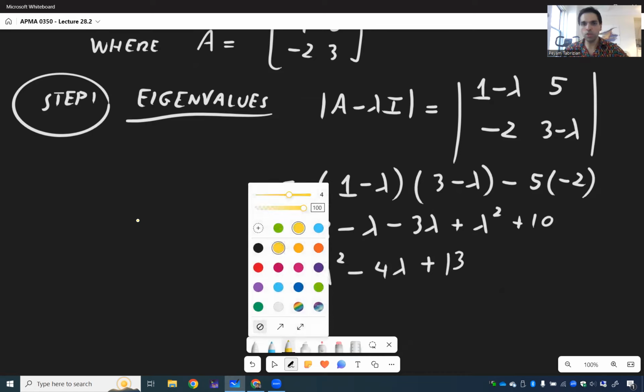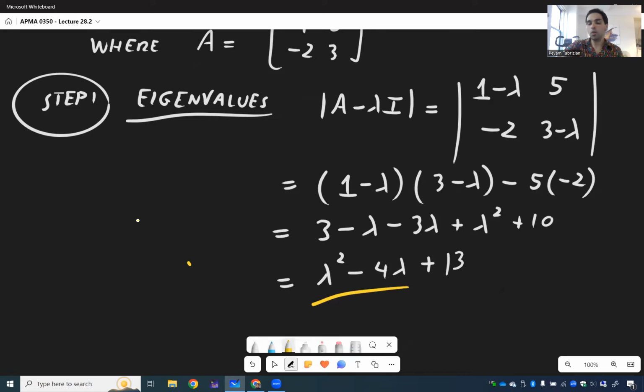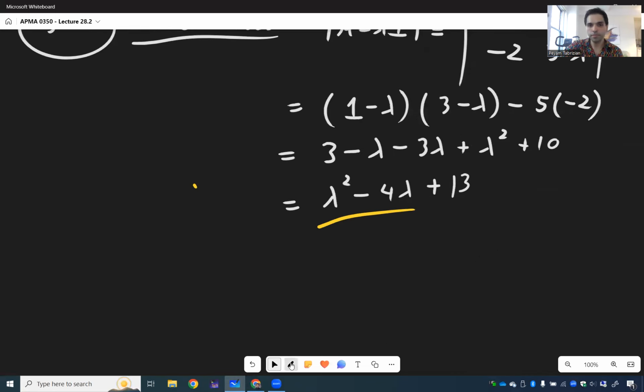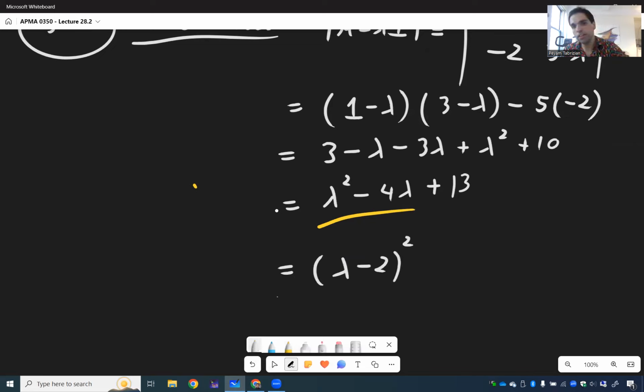Again, you could use the quadratic formula or, slightly easier, complete the square. So this is the beginning of (lambda minus 2) squared. To correct it, subtract 4 from this, and plus 13. So (lambda minus 2) squared plus 9.